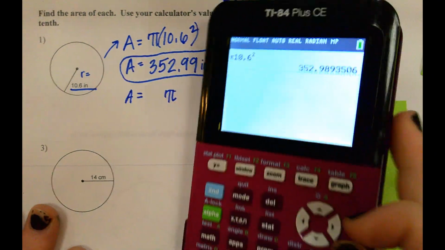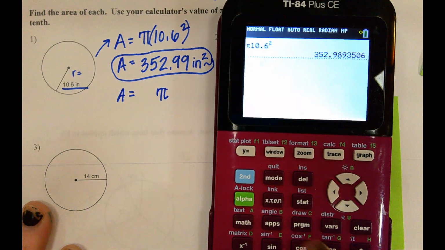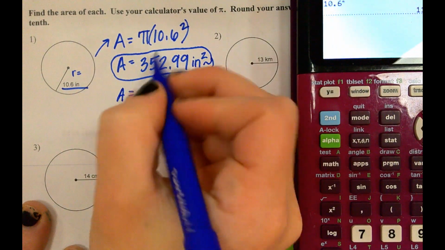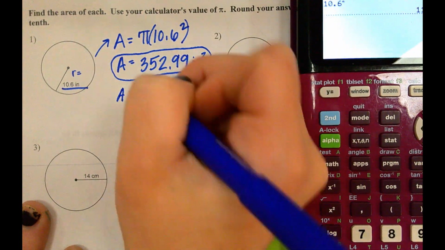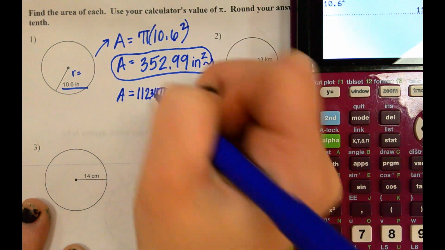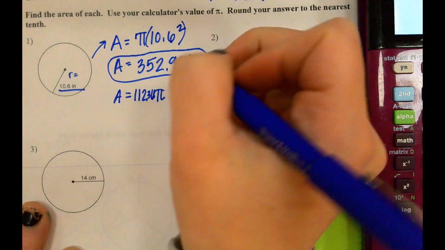So let's see, 10.6 squared. Enter. 112.36. So your area exactly is 112.36 pi inches squared.